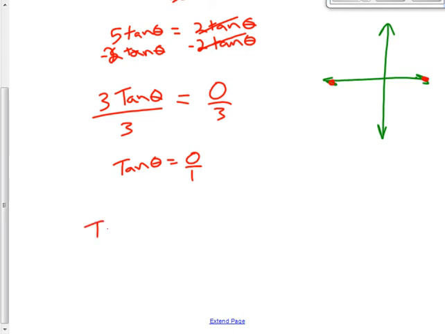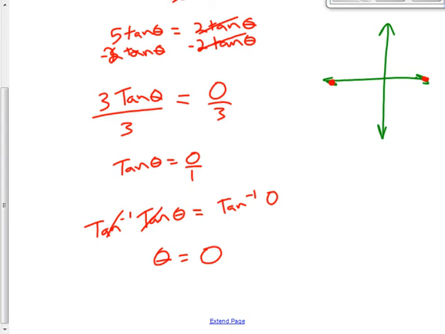And so when I solve this problem, when I do tangent inverse of tangent theta and tangent inverse of 0, the answer that the calculator is going to give us is going to be 0.